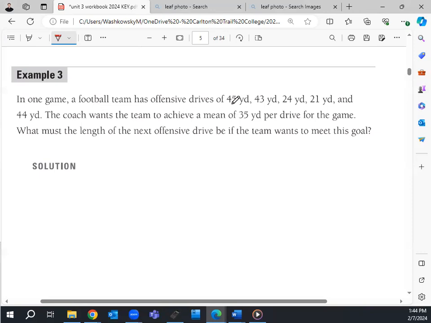So a football team has offensive drives of 45, 43, 24, 21 yards, and 44 yards. The coach wants the team to achieve a mean, an average, of 35 yards per drive for the game. What's the length of the next offensive drive have to be if they want to meet this goal?